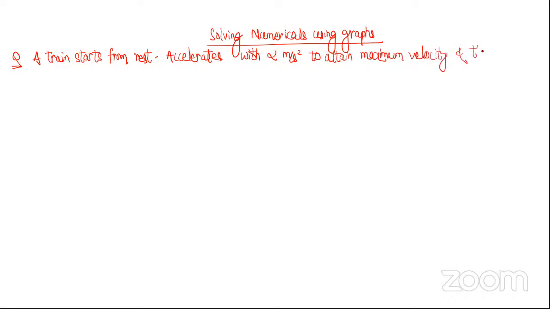And then retards with beta meter per second square to come to rest at the next station. अच्छा, first plot.